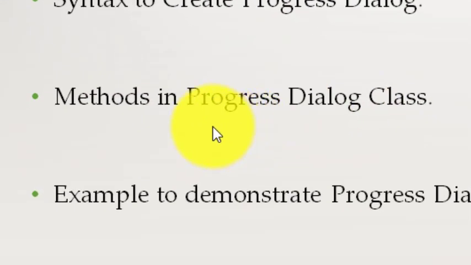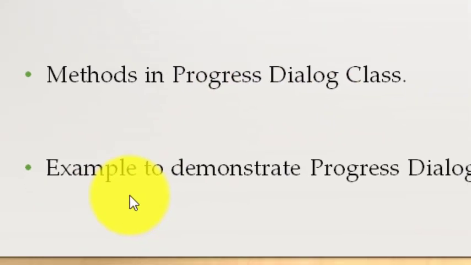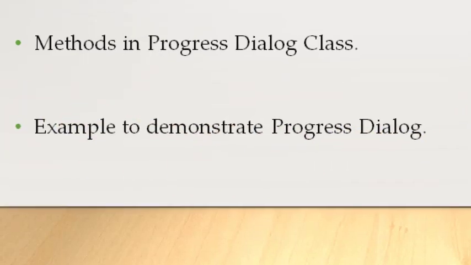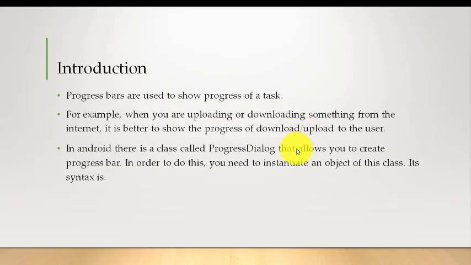There are various methods in the progress dialog box class so that we can change the properties, the attributes of the progress dialog box. And at the last, we will see one example which is used to display the progress dialog box in Android. These are the topics that will be discussed in this session.